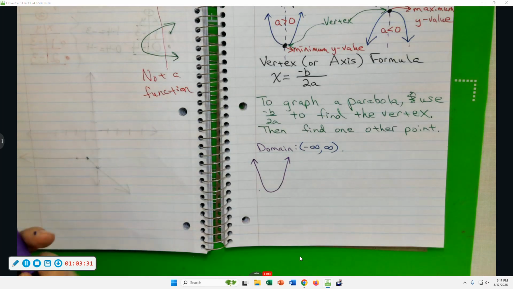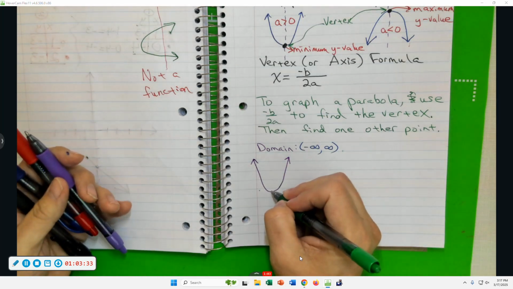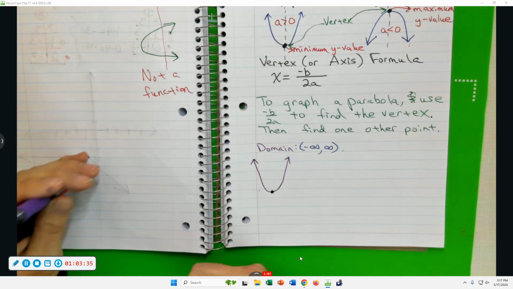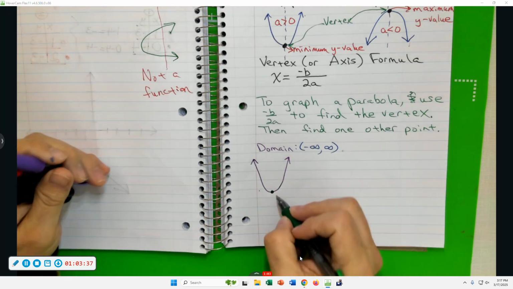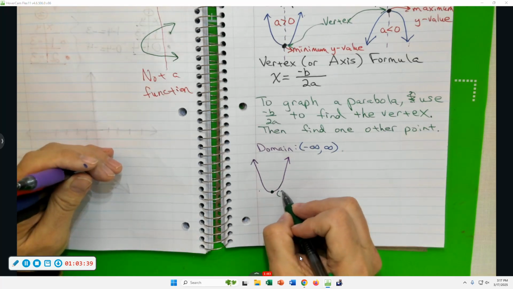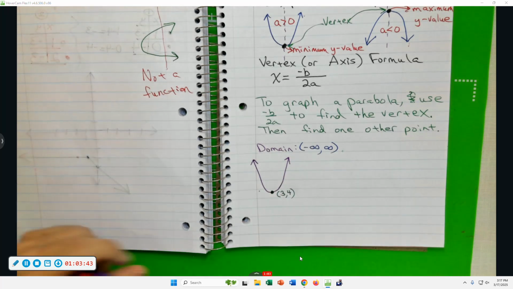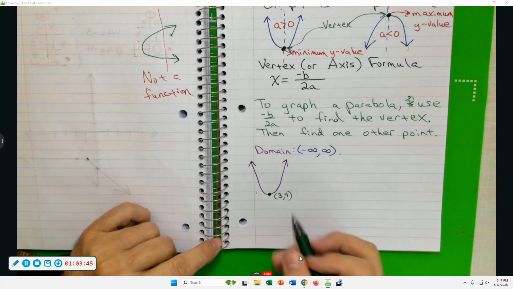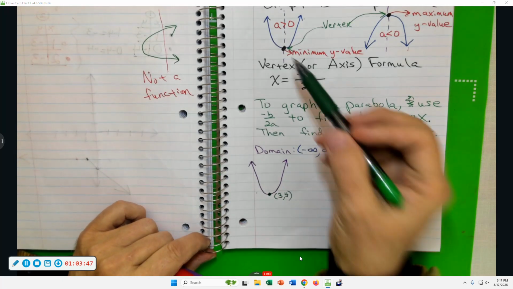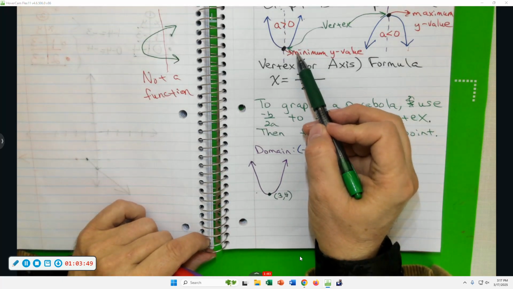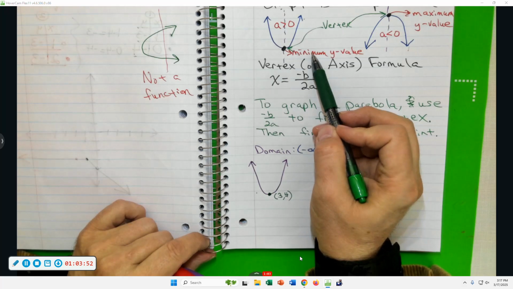And for this example, let's say that the vertex is at the ordered pair, I'm just going to choose two numbers, 3, 4. If a parabola is opening upward, that y value on the vertex is the minimum y value.